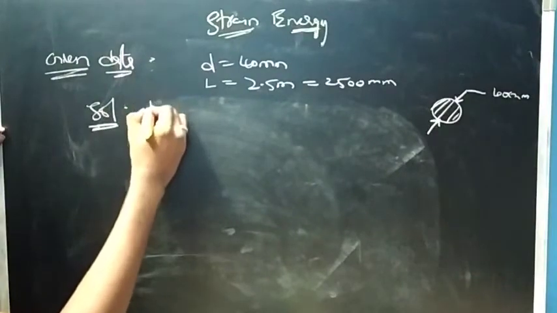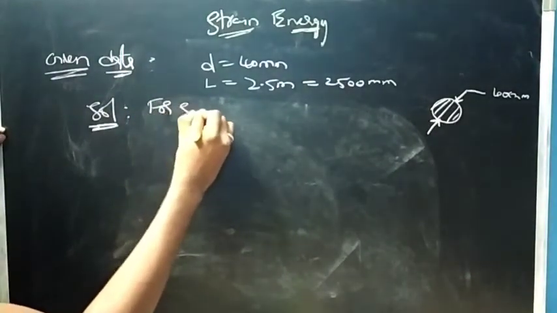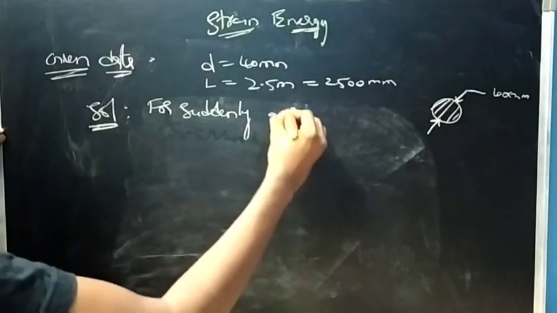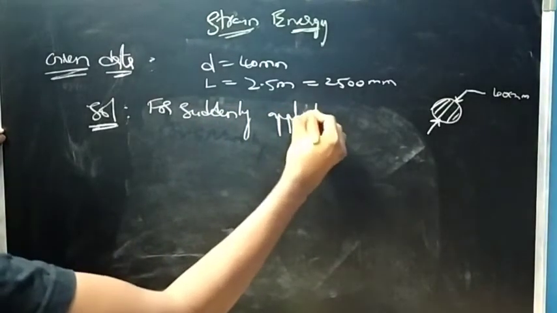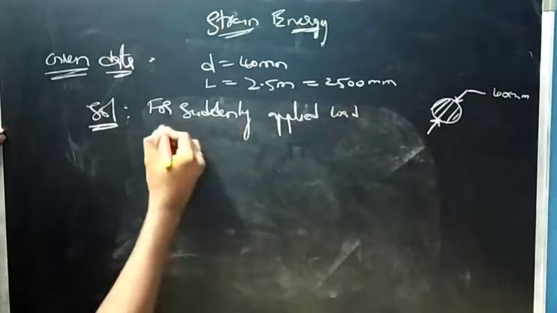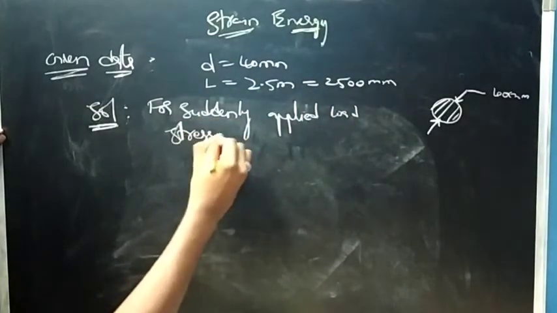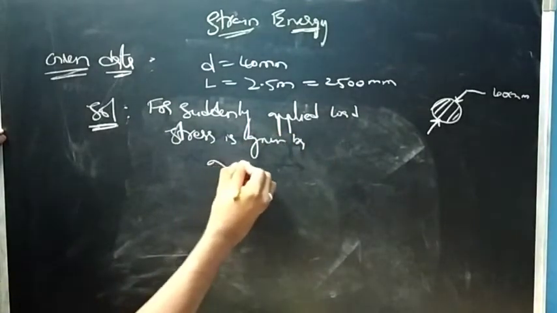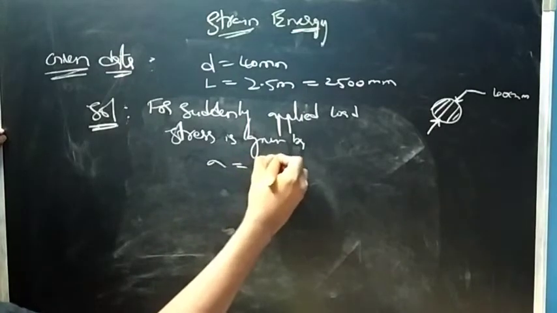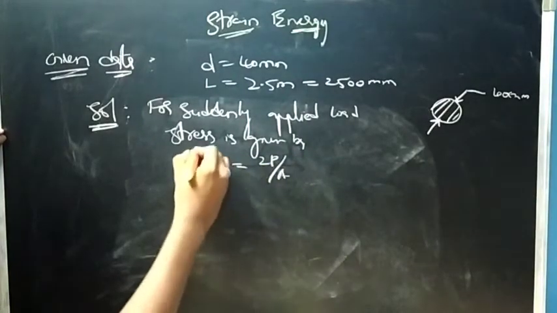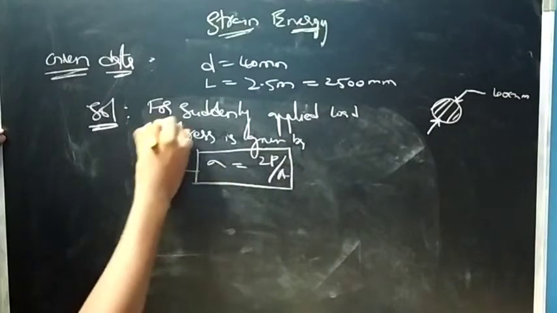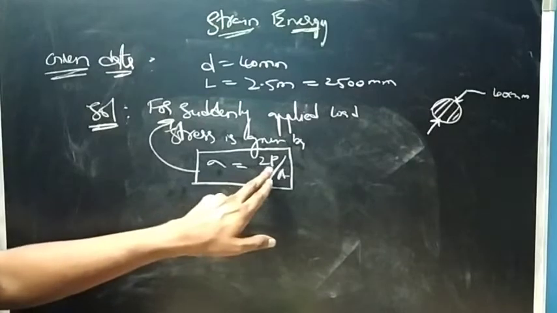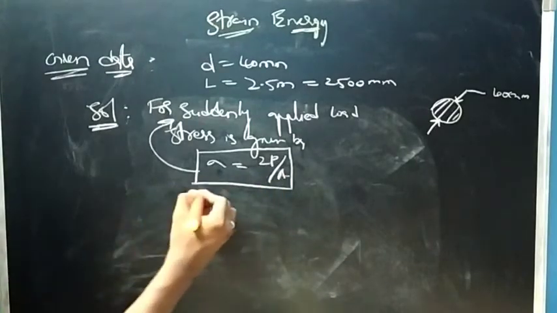So for suddenly applied load, the stress formula is given by sigma equals 2P upon area. So don't forget this, sigma equals 2P upon area.